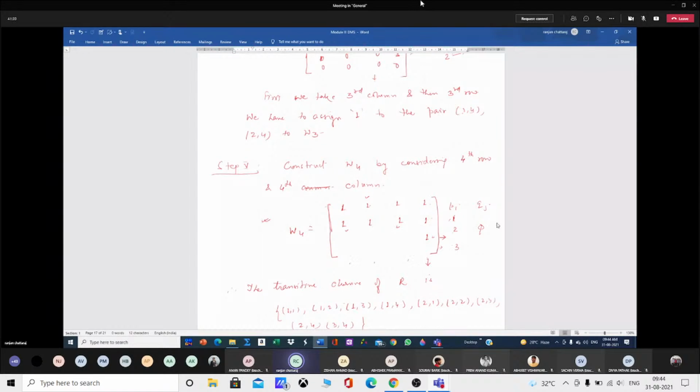So no entries are there, no ordered pairs, and we simply write 0, 0, 0, 0, 0. This is your final result. If you have a 4 by 4, you come up to W4. If it is 5 by 5, you come up to W5, and so on.